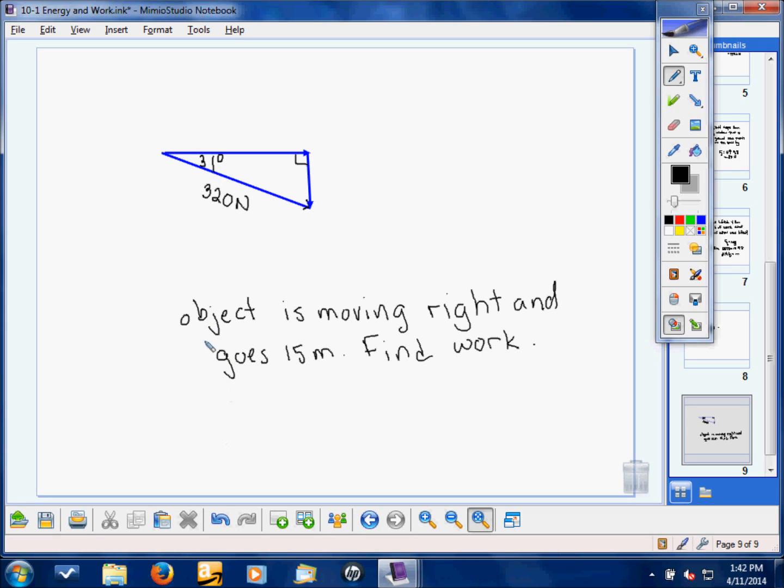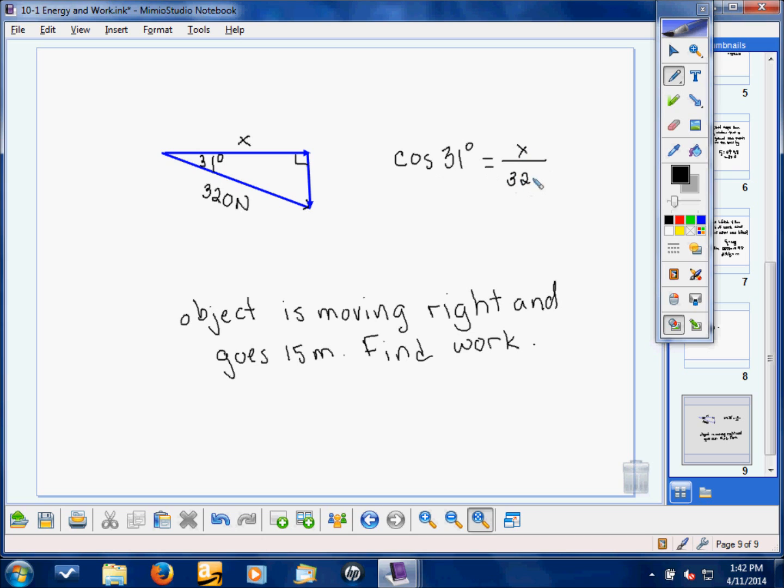So if we've got this situation, which component is going to be important for calculating the work? This one, right? So we care about the x component. How do we calculate that x component? Cosine. Good. The cosine of 31 equals what over what? X over 320.